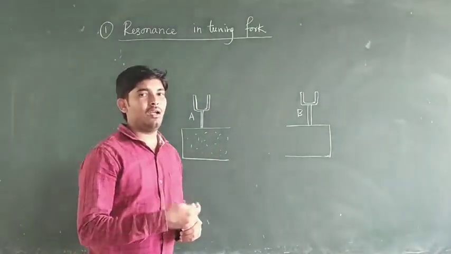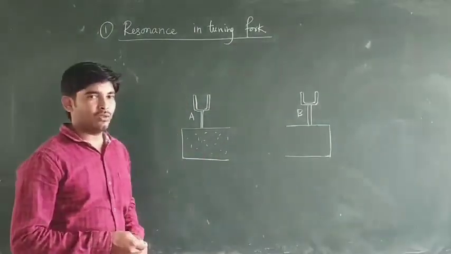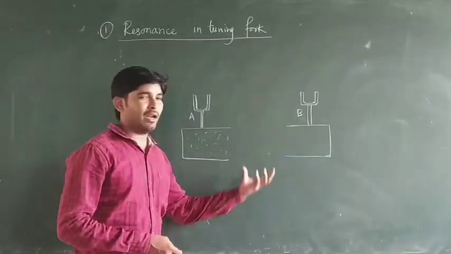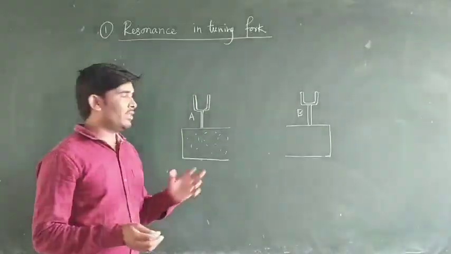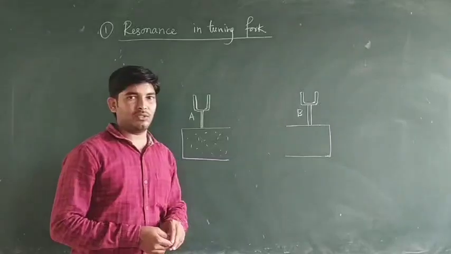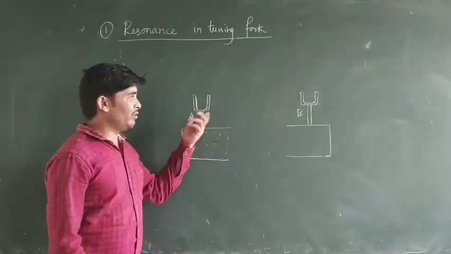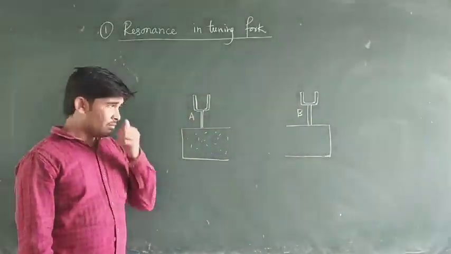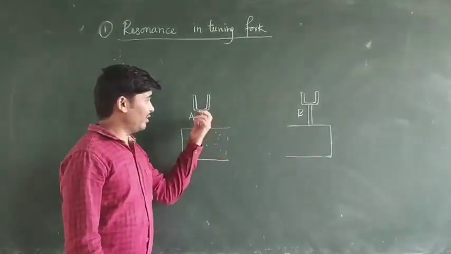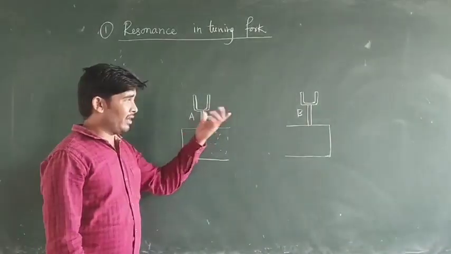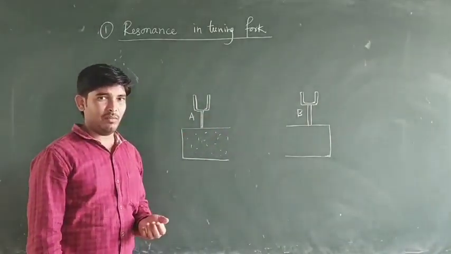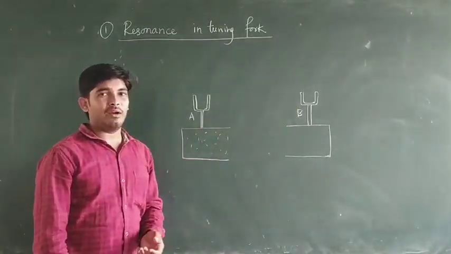Then you can hear a very loud sound. Here the two sound boxes help in communicating with the air particles of their respective tuning forks, and since the natural frequencies of tuning forks A and B are the same, they vibrate under resonance.